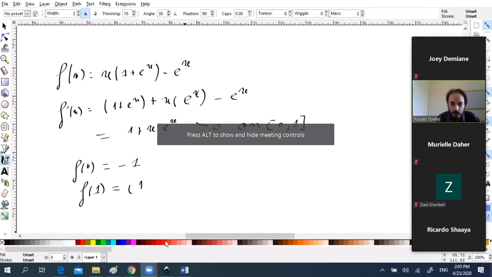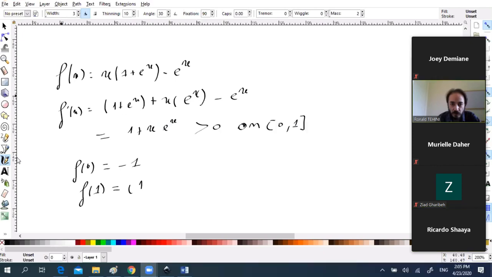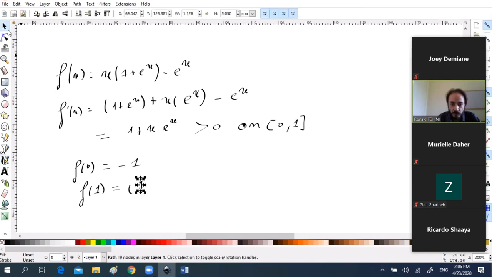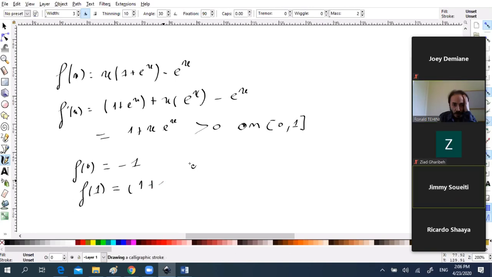So we are solving the problem set that I sent you. First we are checking if a solution exists on 0, 1. We're studying the derivative and the function on 0, 1. So f of 1 in this case is 1 multiplied by 1 plus e, minus e, which is 1.